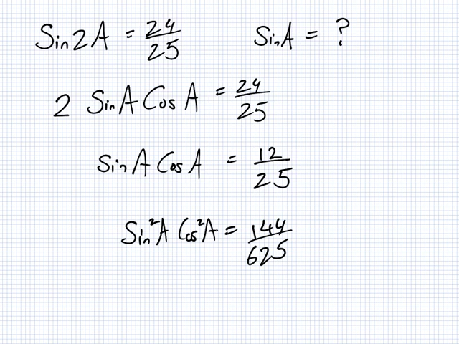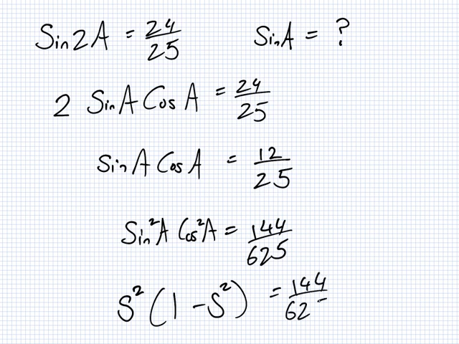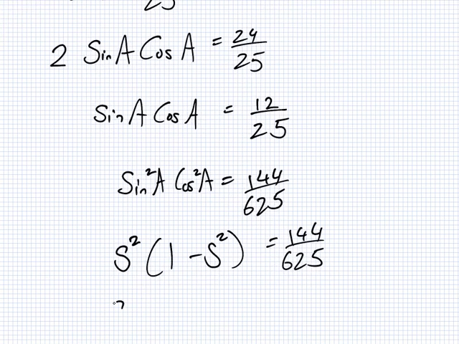Now we're not too far away from the answer because we actually want sine. So sine squared is actually sine. It's the cos squared we should change into 1 minus sine squared. So this will be sine squared a times (1 minus sine squared a) equals 144 over 625. So sine squared minus sine to the 4 equals 144 over 625.